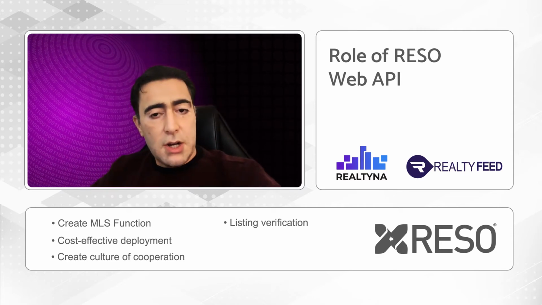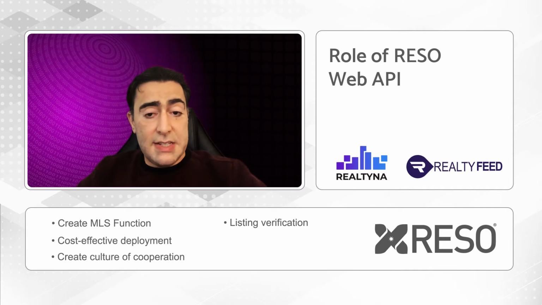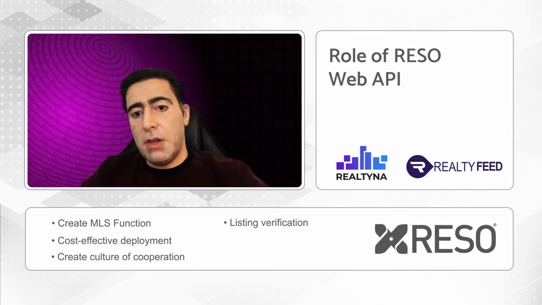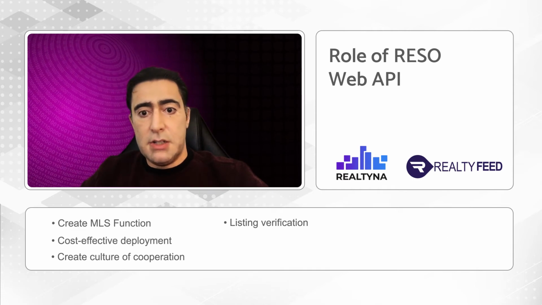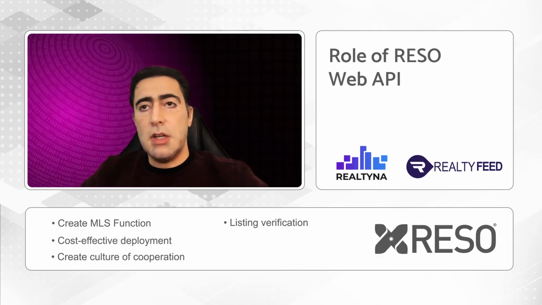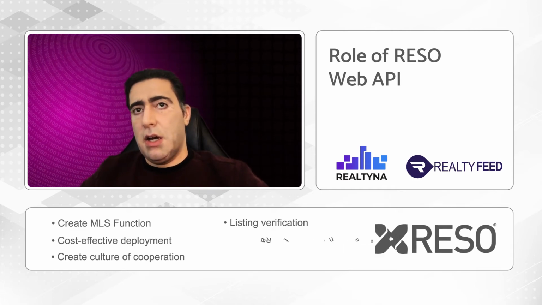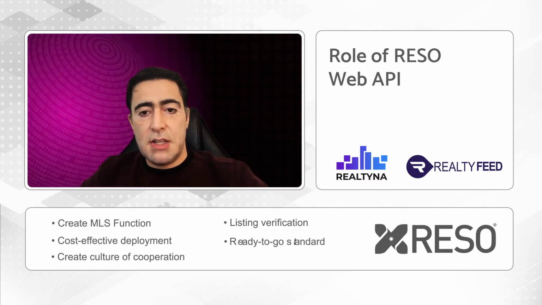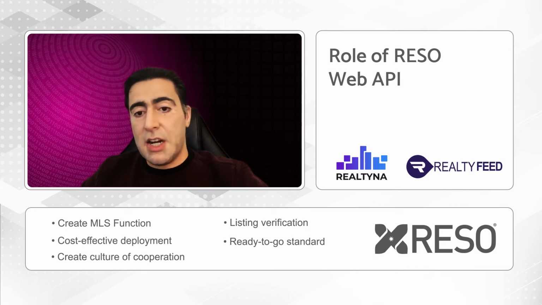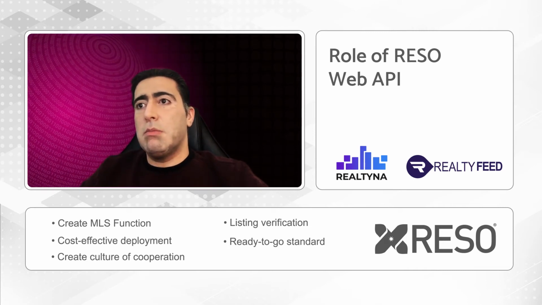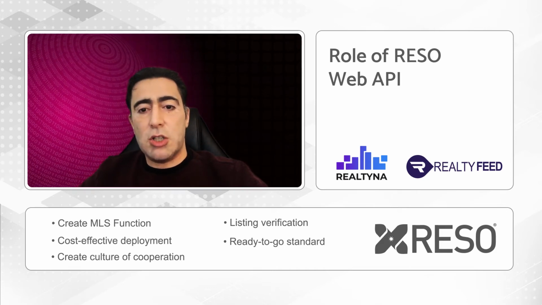So we talked about the cost, we talked about easier implementation, and now the third item that can be addressed by RESO Web API is the standard. Basically, in some countries, the reason that you cannot find an MLS server is a strong disagreement about what the database standard should look like.